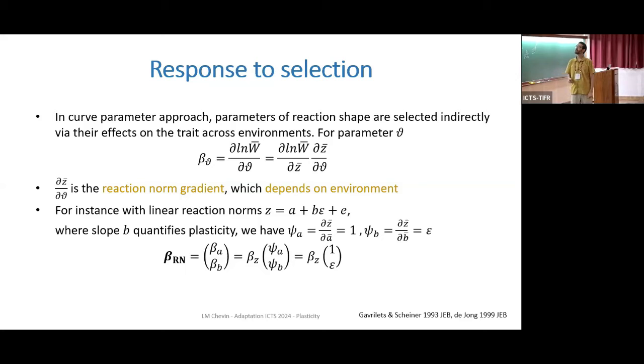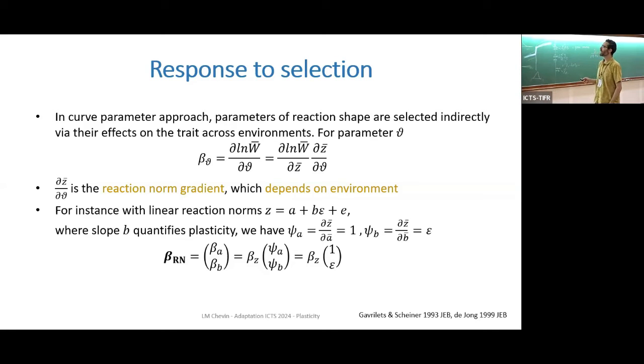So for instance, if you have a linear reaction norm, just as I showed, and I always use that as an example, you see that, by the way, I kept this E term, the residual component of variation. So this is really the heritable component, the breeding value or genetic component if you want.